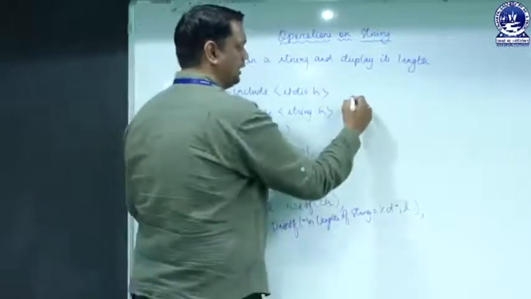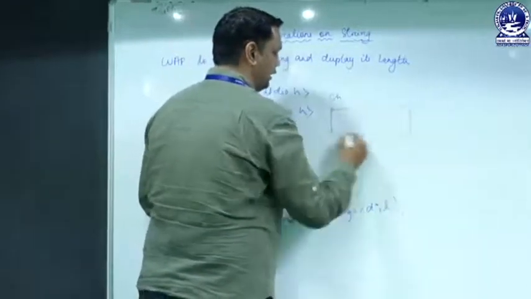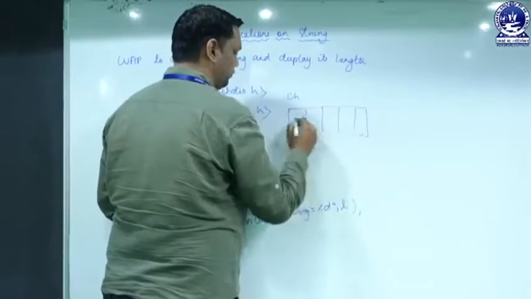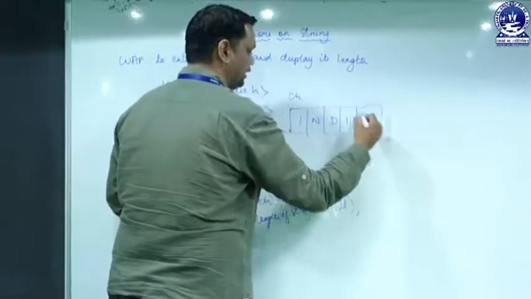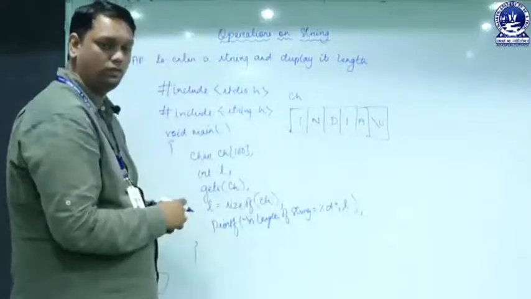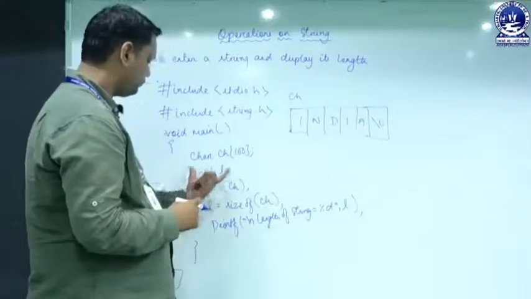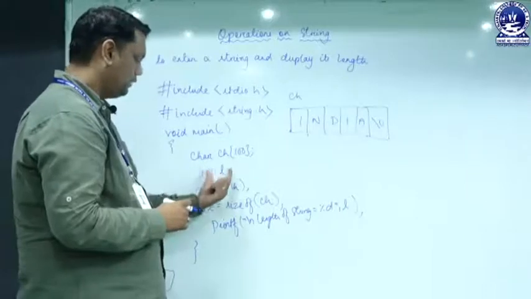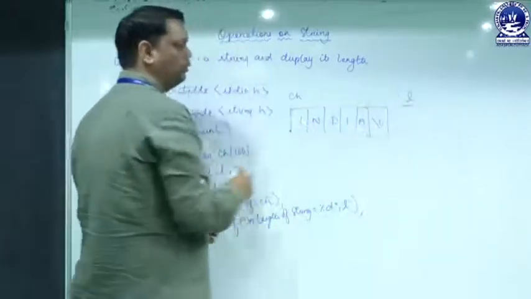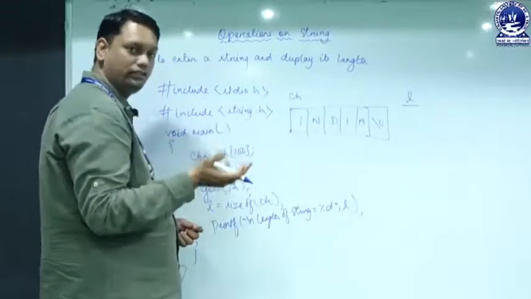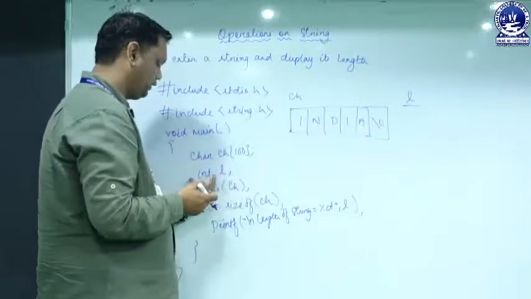Let's say I have written India in ch. Again \0 has been added automatically to the character array. I have taken another variable, l, of integer type, because we have to calculate the length, and length is of integer type.